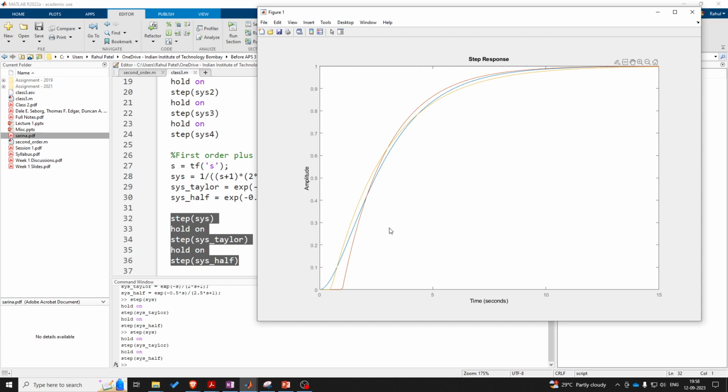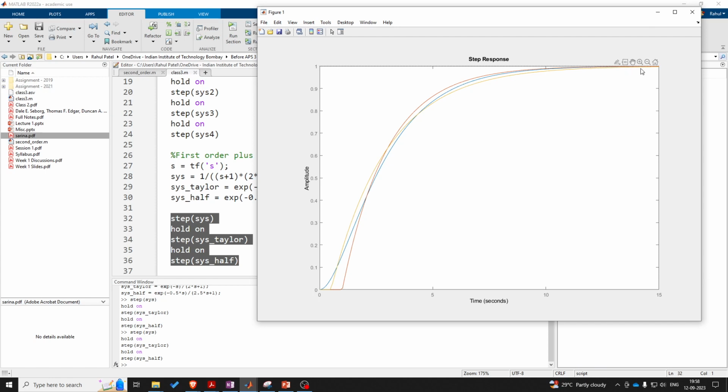The first approach was the Taylor series approximation, and this orange line shows that approximation. Over here we can see that it has added a time delay of around 1 second, and after that it has approximated the system as first order plus time delay.